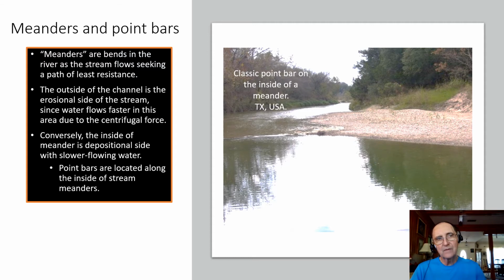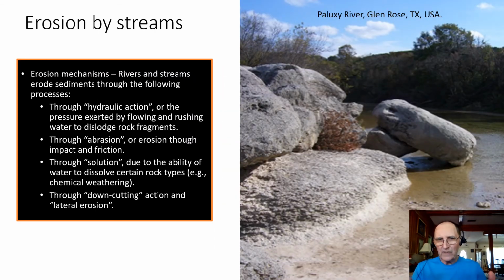In the picture, you can see a classic point bar on the inside of a meander in a river in Texas. Now, the erosion in streams takes place via several processes. One is what we call hydraulic action, or the pressure that is exerted by the flowing and rushing water to dislodge rock fragments. Also, you can have the process of abrasion or erosion through impact and friction.